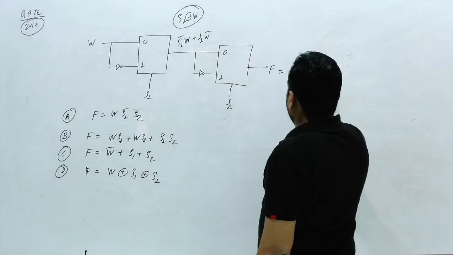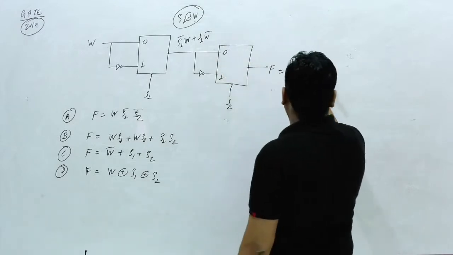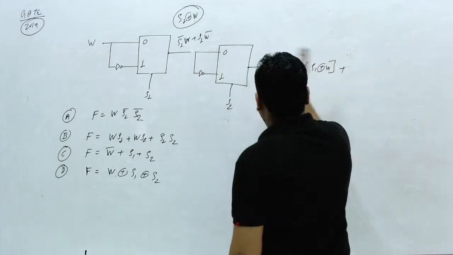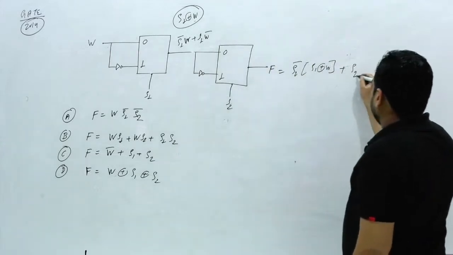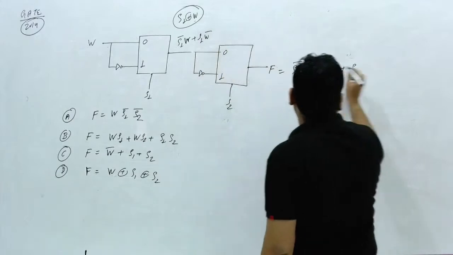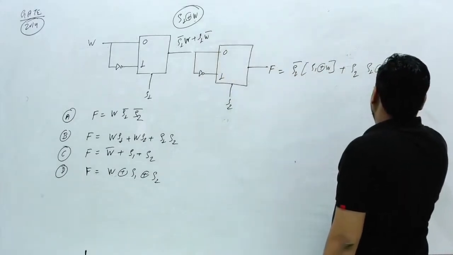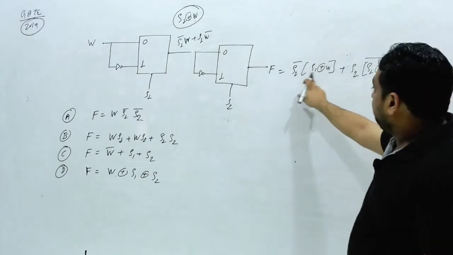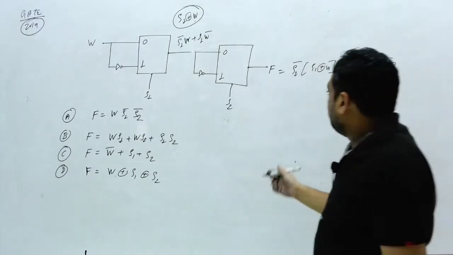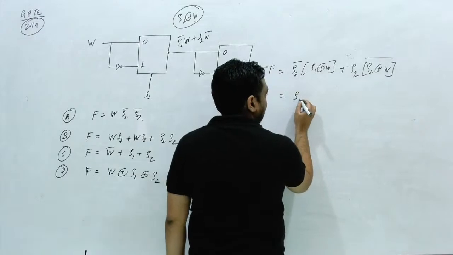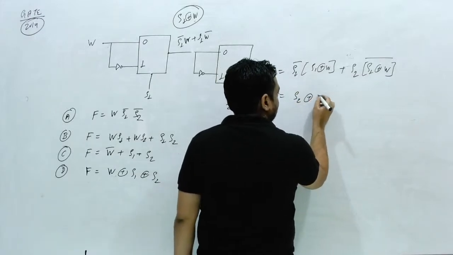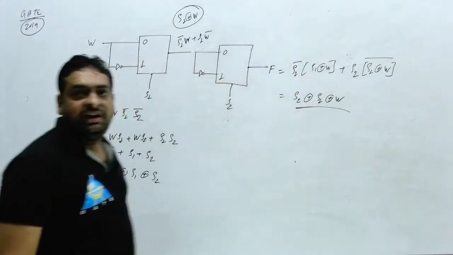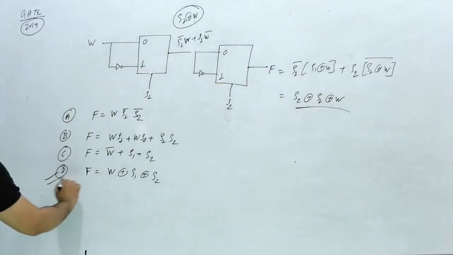This S2 bar multiplied with S1 XOR W, plus S2 as it is multiplied with this bar, meaning S1 XOR W whole bar. What can you say? A bar B plus A B bar, all this is an XOR gate. So can I write S2 XOR S1 XOR W? This will be the answer. All these 3 have XOR gates.